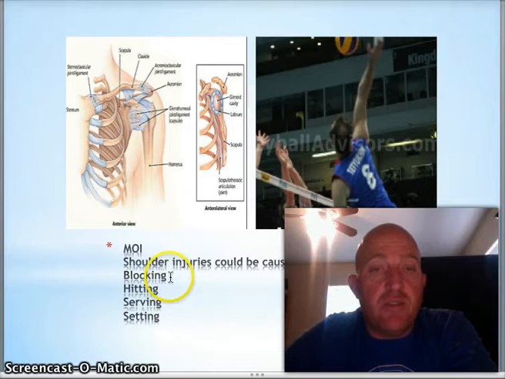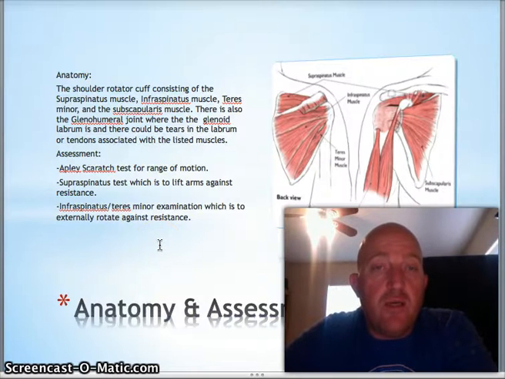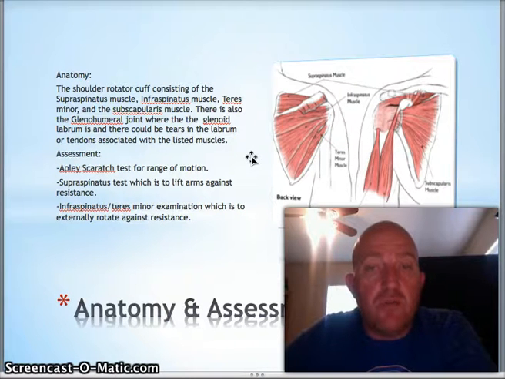Mechanism of injury, as I said, the blocking, hitting, serving, and setting, all of these putting our arms above our head and in a more vulnerable point for injury to occur. The anatomy of this, we're looking at the muscles associated with the rotator cuff being the supraspinatus, infraspinatus, teres minor, and the subscapularis muscle, all of which help to rotate the glenohumeral joint through ranges of motion.